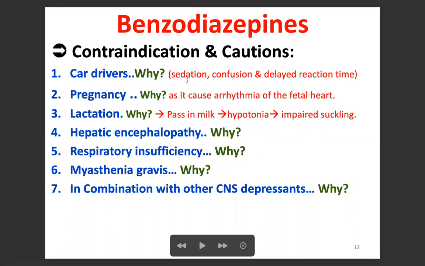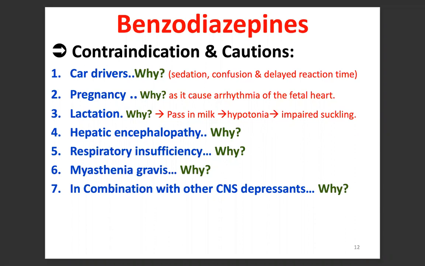Because it sedates the patients. Confusion and delayed reaction time, and we know that during car driving we have to be active. The seconds and parts of a second are very important to take any action while driving. So due to sedation, confusion, and delayed reaction time, it should be contraindicated in car drivers.